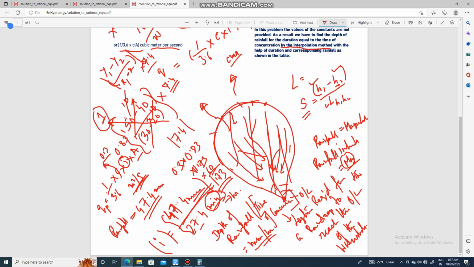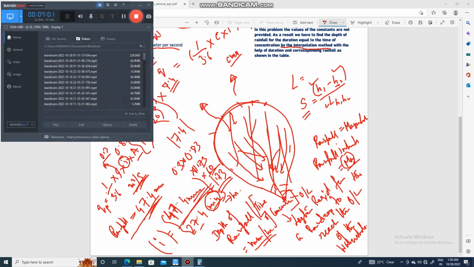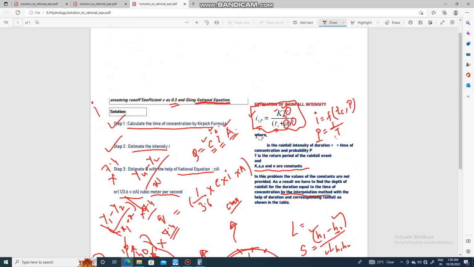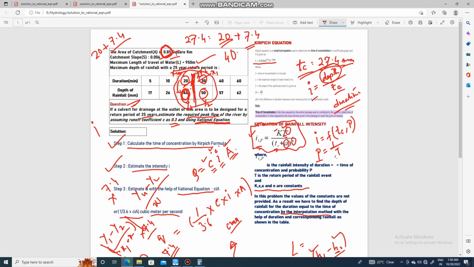Here everything is okay. Then you have to find the rainfall intensity, that is I. 47.4 is the rainfall depth corresponding to 27.4, and this will give you the I. So once you get the I, you have C, which is already given, and you have to use the rational equation.